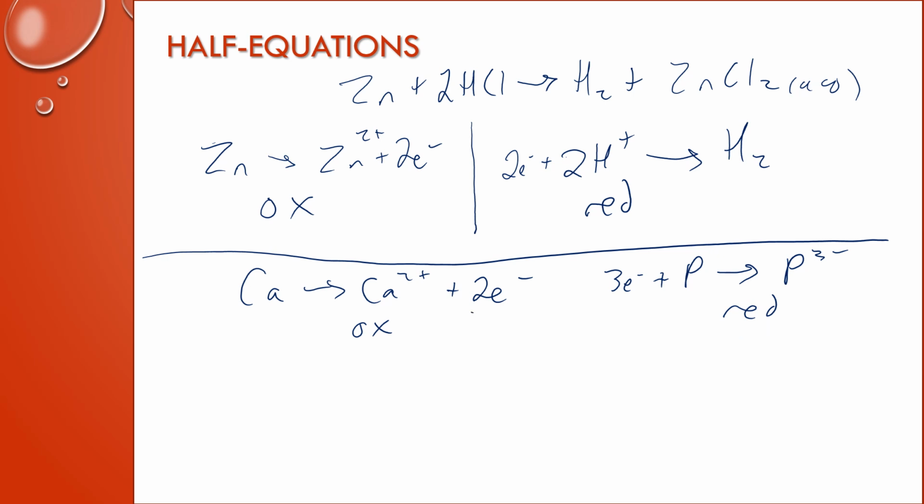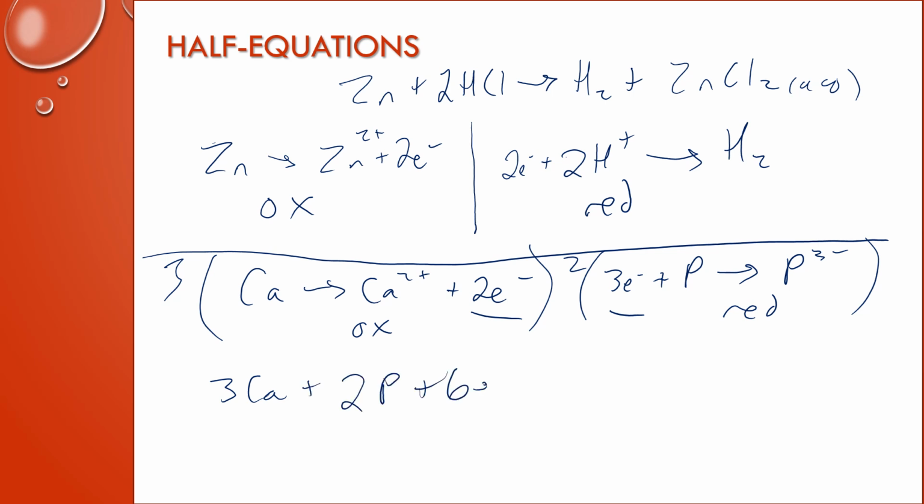So I have 2 electrons and 3 electrons. I need to make them the same. I can multiply this whole thing by 3, multiply this whole thing by 2, so I have 6 electrons total. Then I can combine all of the reactants on one side. So 3 calciums plus 2 phosphoruses plus 6 electrons.